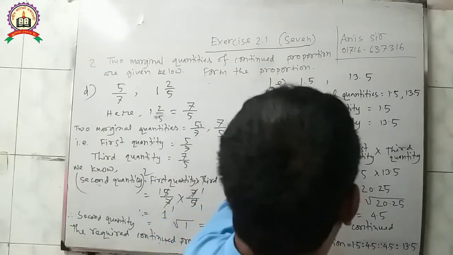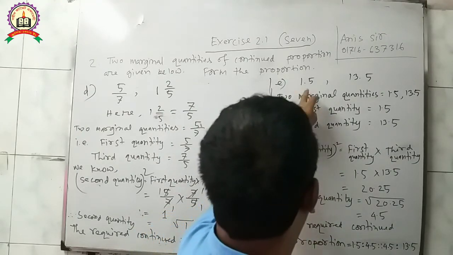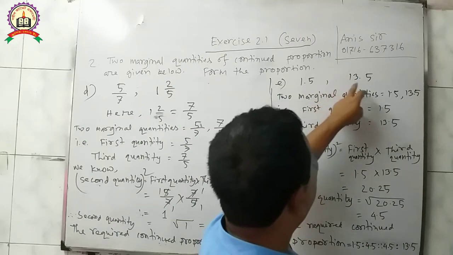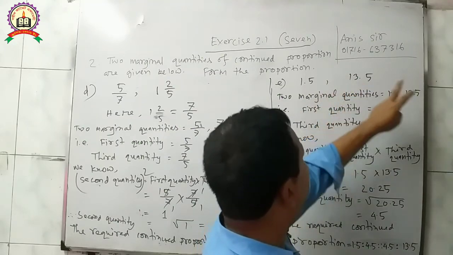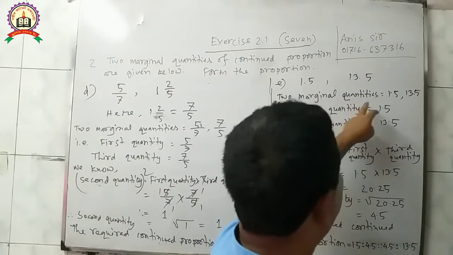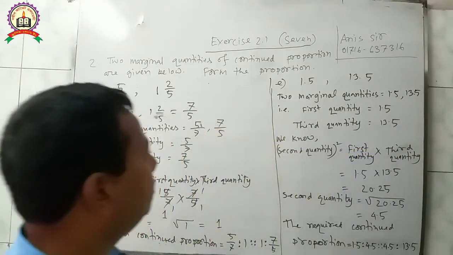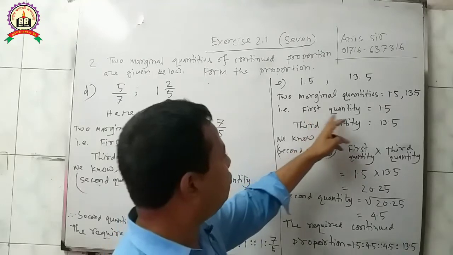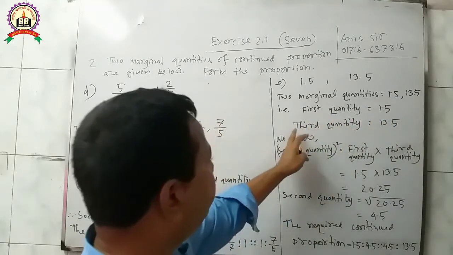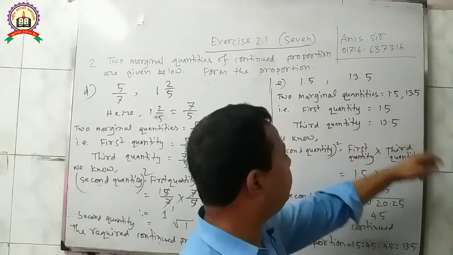E of 2, given 1.5 and 13.5, two marginal quantities equal to 1.5, 13.5. That is first quantity equal to 1.5 and third quantity equal to 13.5.